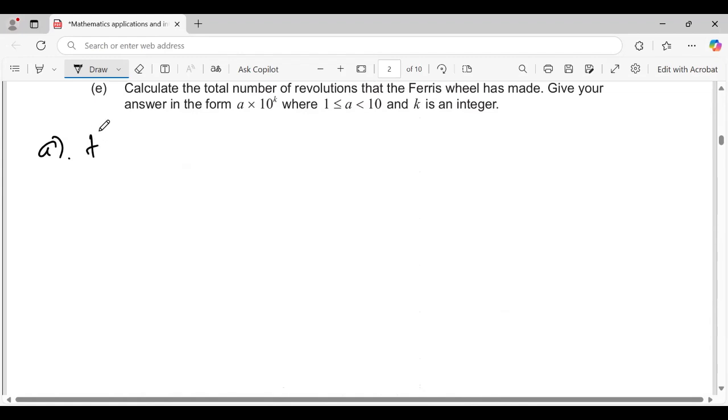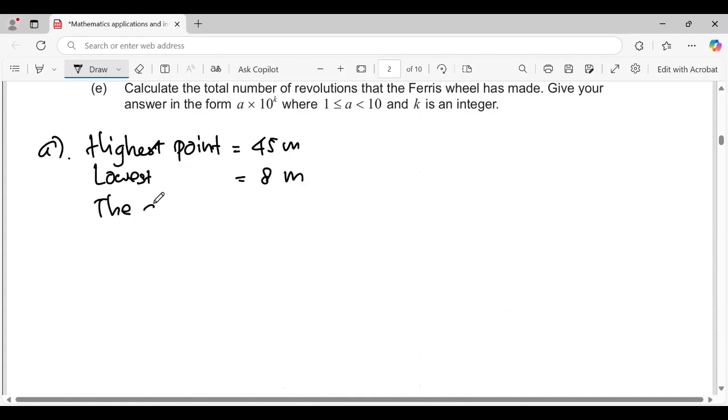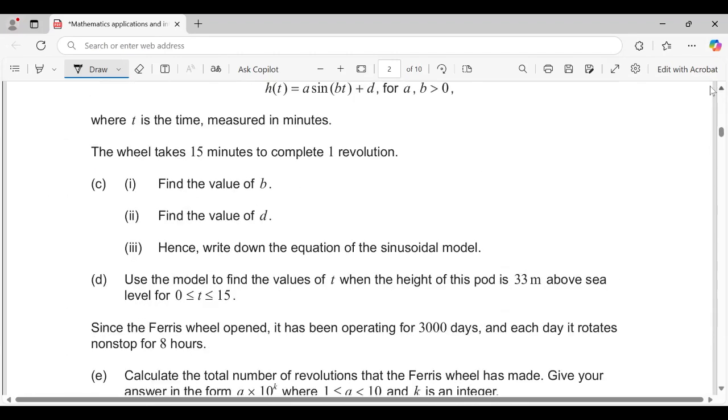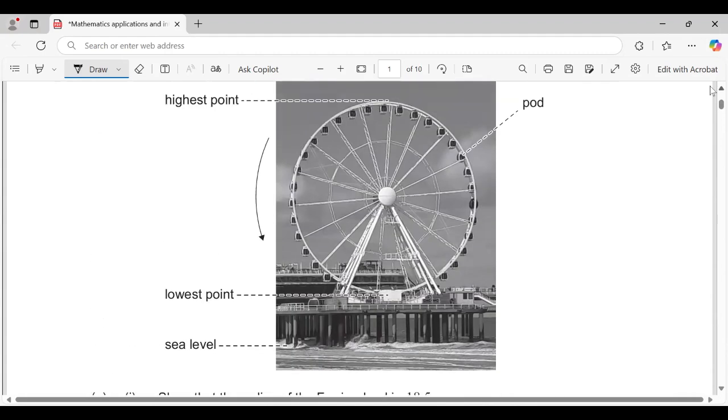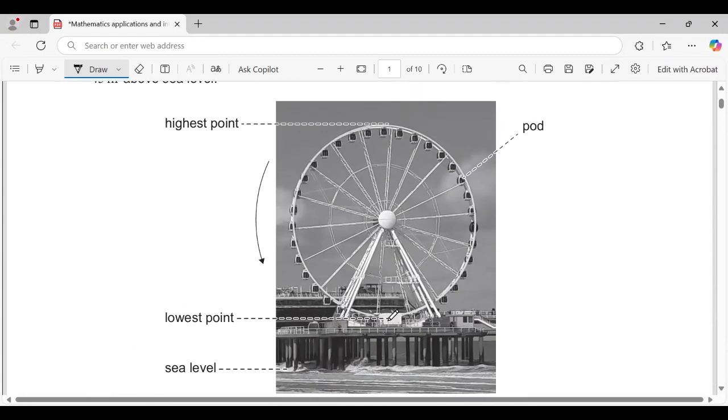The highest point is 45 meters, and the lowest point is 8 meters. Then the difference equals 45 minus 8 equals 37 meters. If you look at the highest point from sea level, this is the highest point, and this is the lowest point.